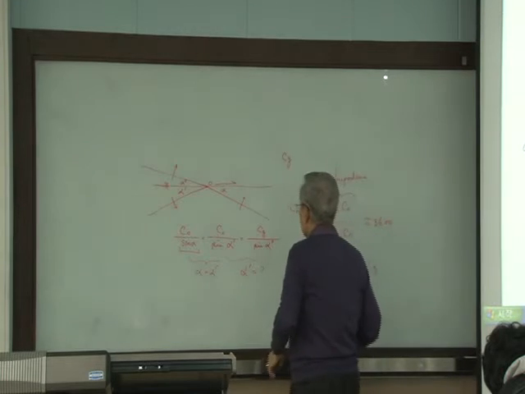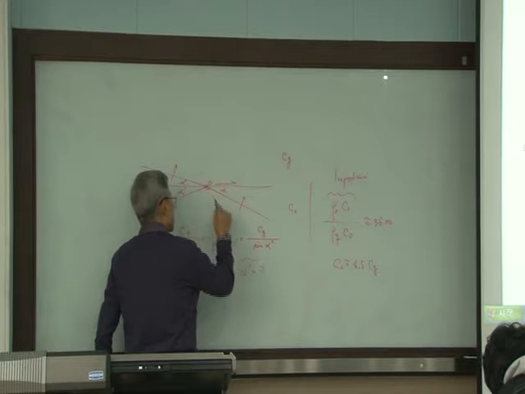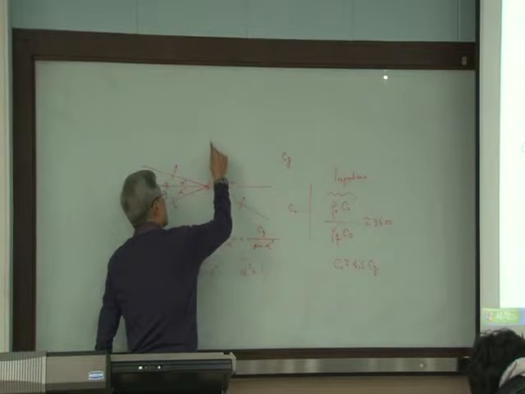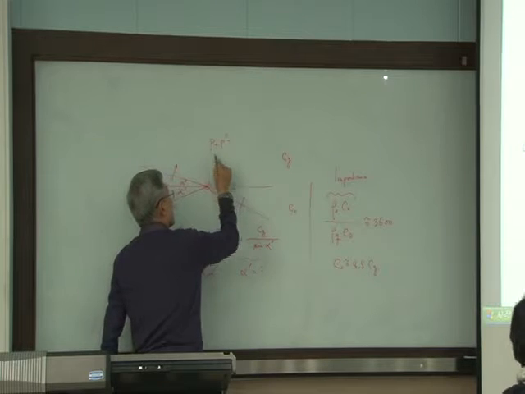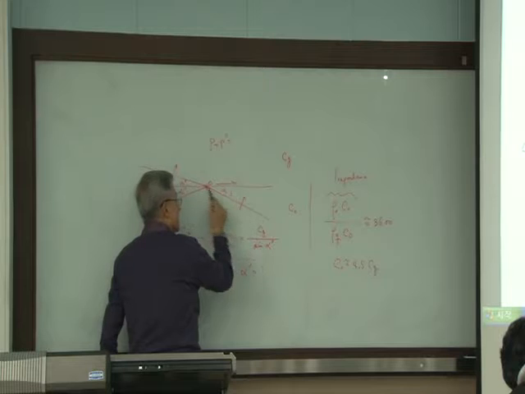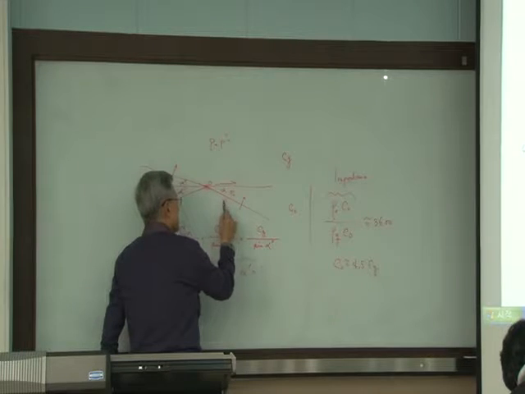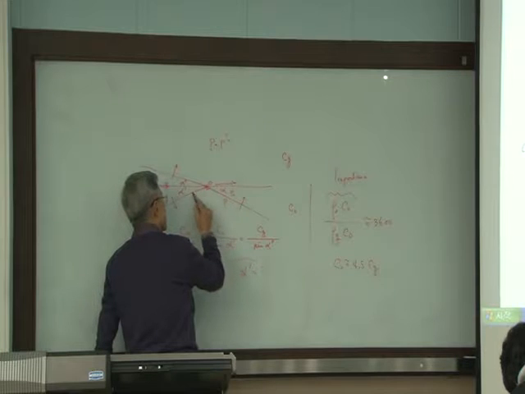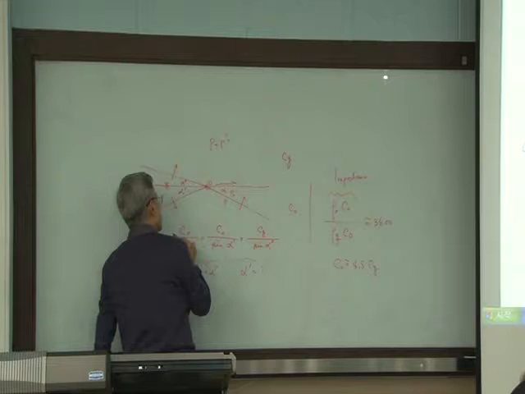So right at this point, consider right at the intersection point. The third equation is P plus P prime. In front of the incident shock wave is P naught, behind is P all the way around here, and behind here is P prime.